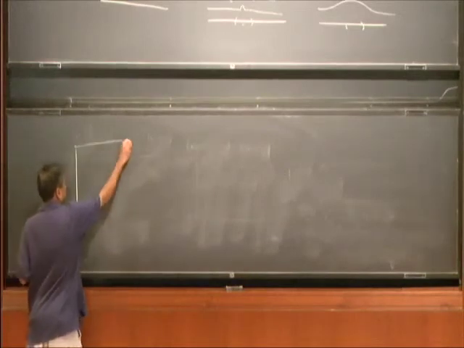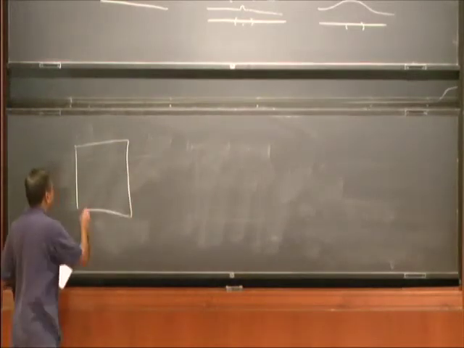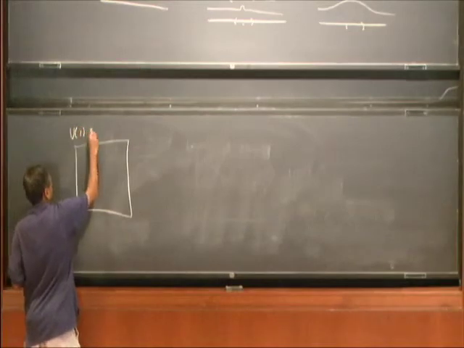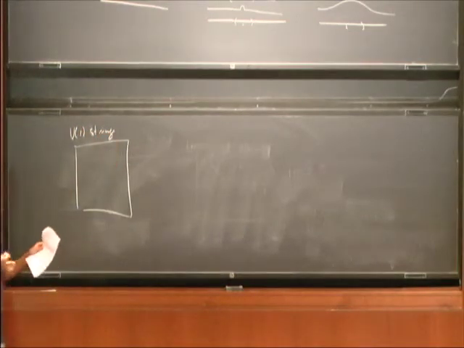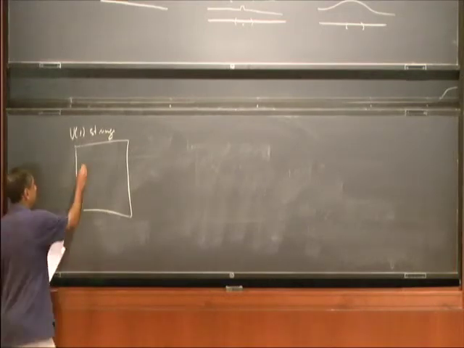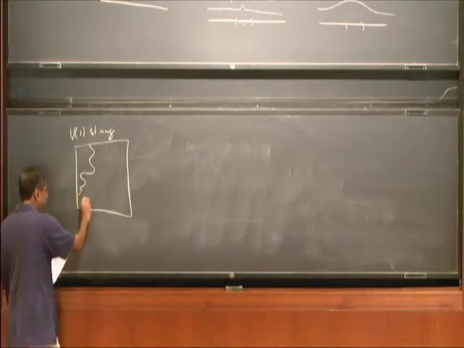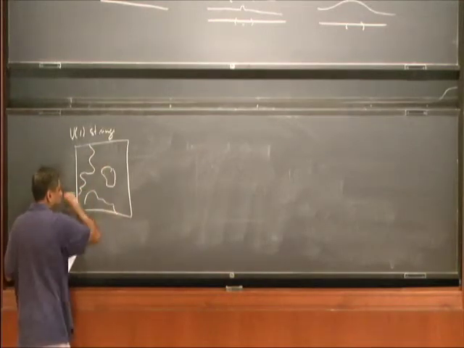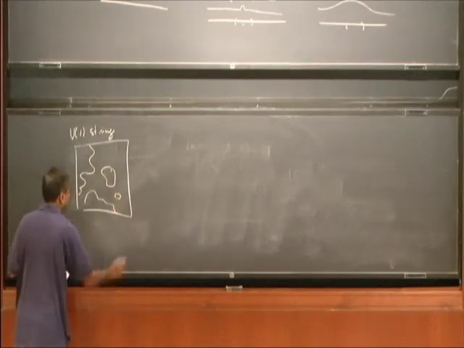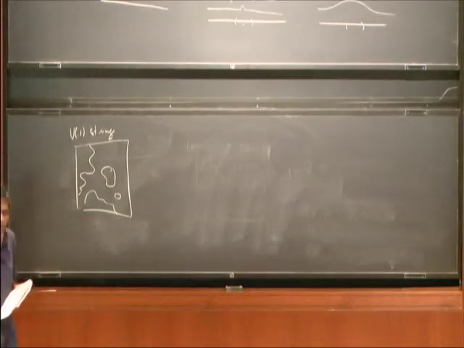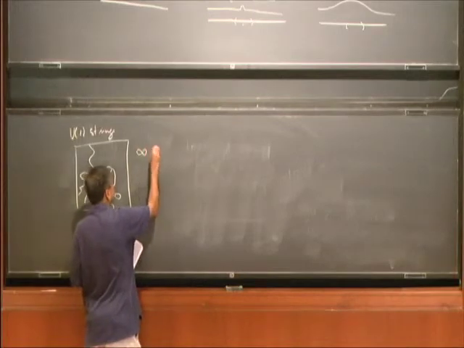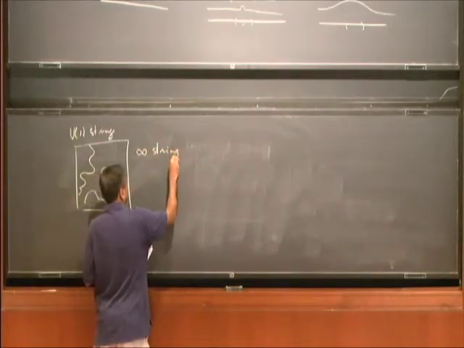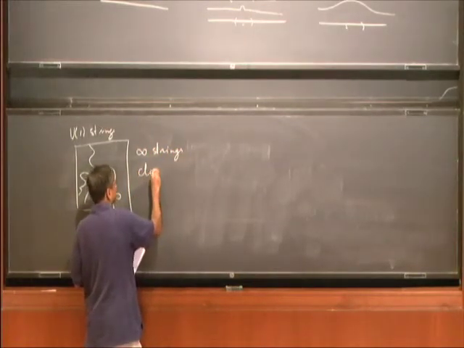Okay, so let me just quickly describe the simplest strings. So if you have, say, U1 strings, and you study what they look like at formation, there would be some strings. And these strings could occur in two forms. One is an infinite string, and the other is closed loops.